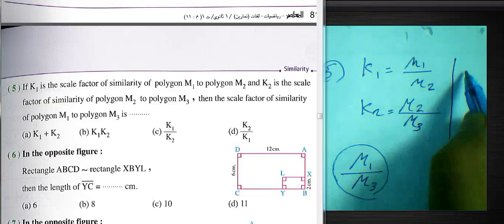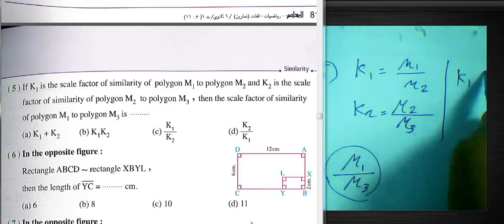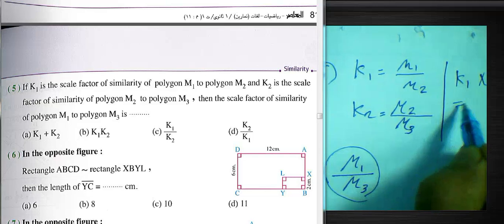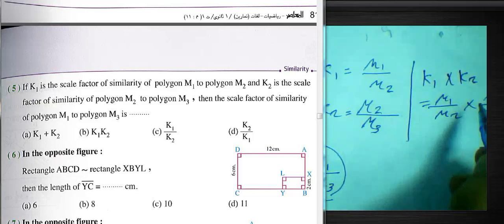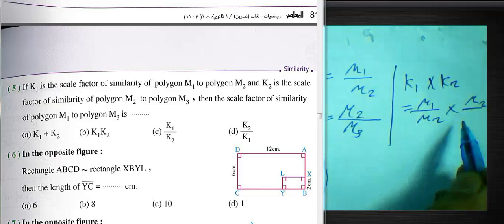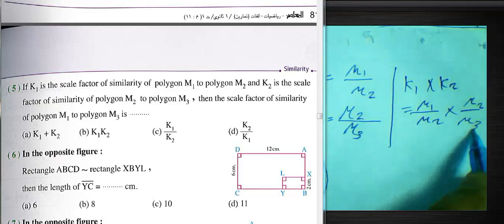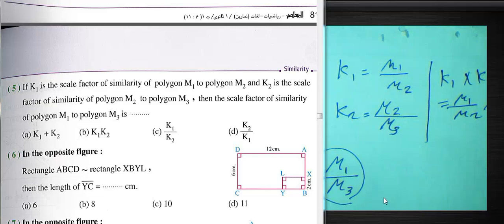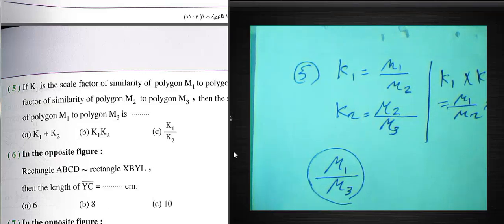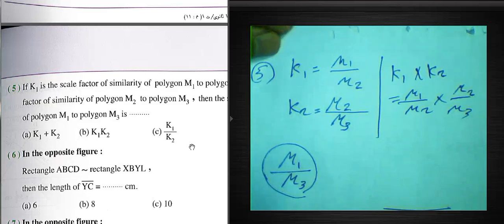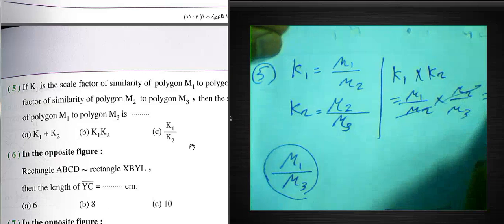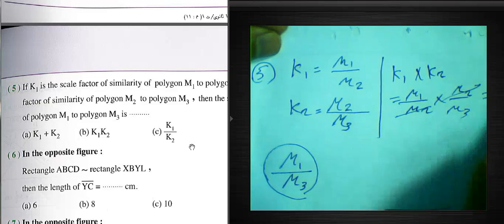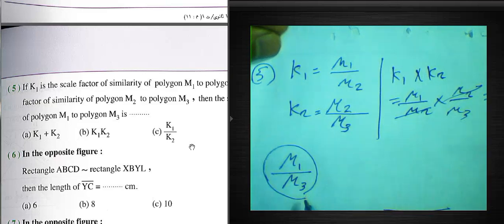If we multiply K1 by K2, we will have M1 over M2 multiply M2 over M3. Again, look with me here, it appears now. The result will be M1 over M3. So he wants to find the ratio between M1 and M3.